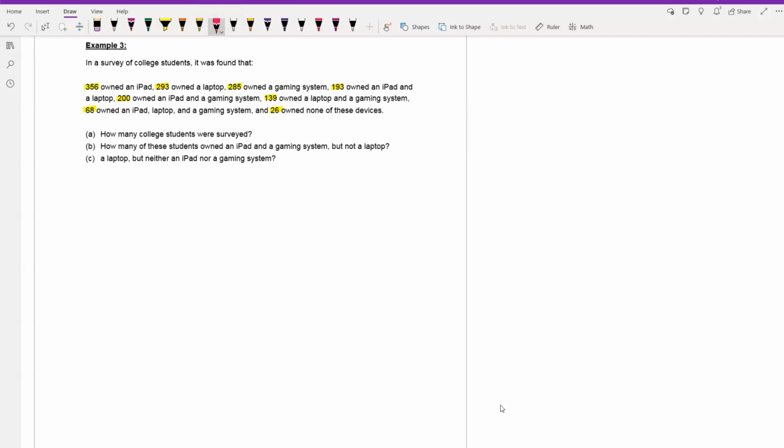So I'm going to use I for iPad, L for laptop, G for gaming system.